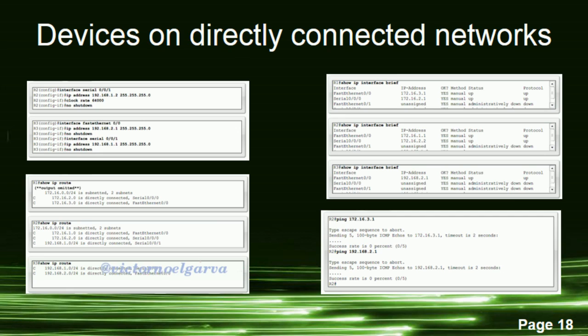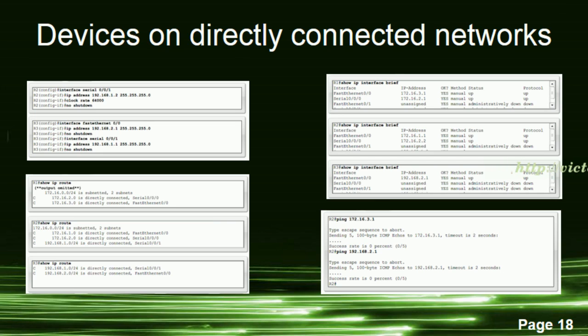For example, PC1 in the topology has been configured with the IP address 172.16.3.10 and the subnet mask 255.255.255.0. PC1 has also been configured with the default gateway IP address 172.16.3.1, which is the router's FastEthernet 0/0 interface IP address.